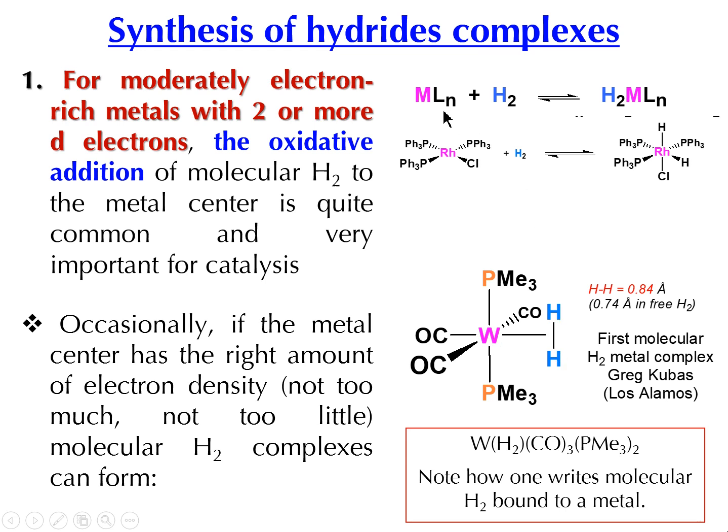So when the metal M is rich in electron density and we add hydrogen molecule, we will fix two separated hydrogens, or two separated hydrides, on the metal center. And if the metal center has the right amount of electron density, not poor and not rich, in this case, the H2 molecule will be bound to the metal center.